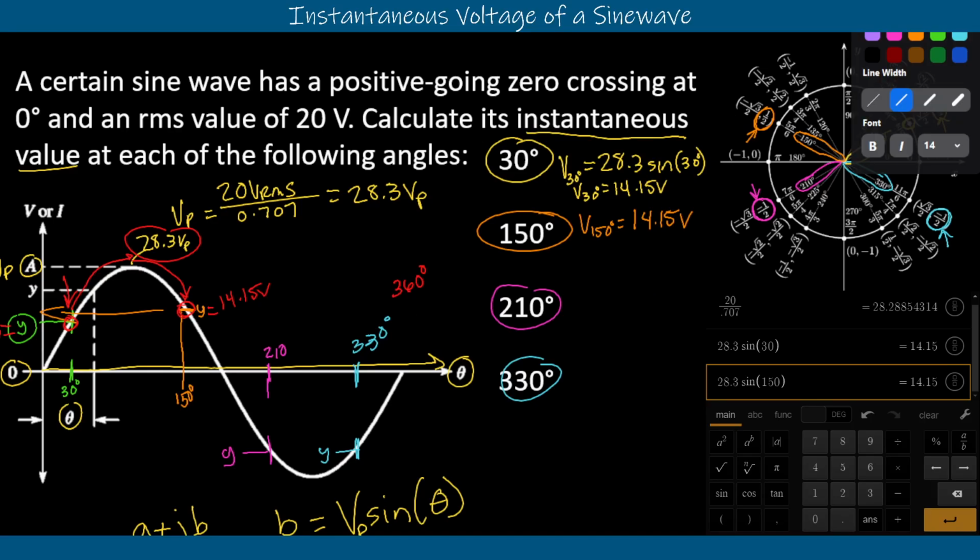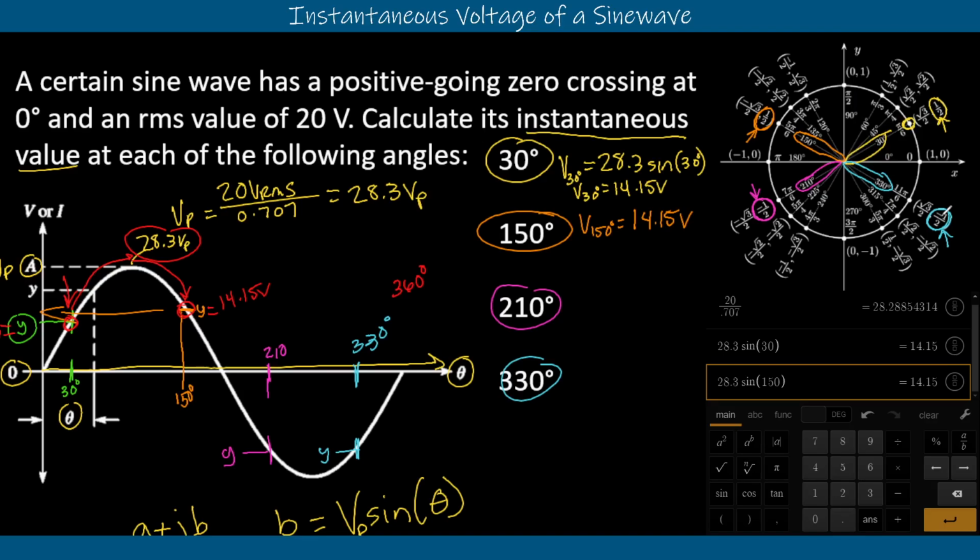And so we can do that again for our next signal, which is 210. We can just swap out this one here and say that we want to go 210. And that gives us a negative, right? So the V 210 degrees is equal to a negative 14.15 volts. That tells us it's on the bottom down here, that negative side of it.